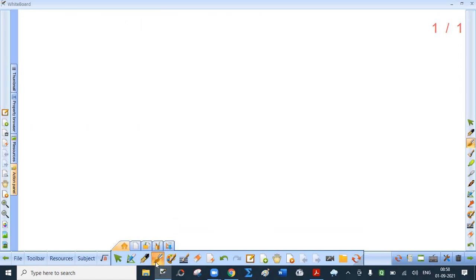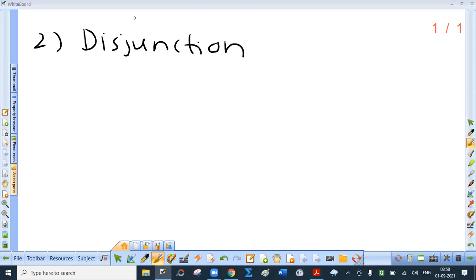Then comes disjunction. This is not at all difficult. In fact, this is the simplest topic. Now, what is the symbol for disjunction? See, the symbol itself suggests inclusiveness.